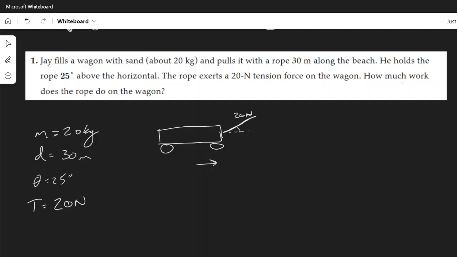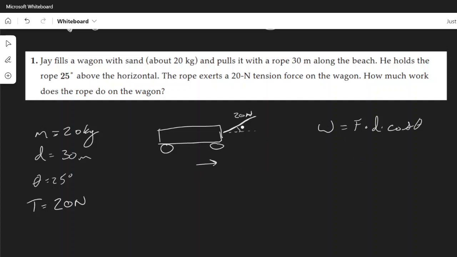And I need to know, it's asking how much work. So I need to figure out how much work is being done. Work is force times distance, times the cosine of theta. And I want to explain why it's cosine of theta. If you think about it, the work that's being done is only being done in the horizontal direction.